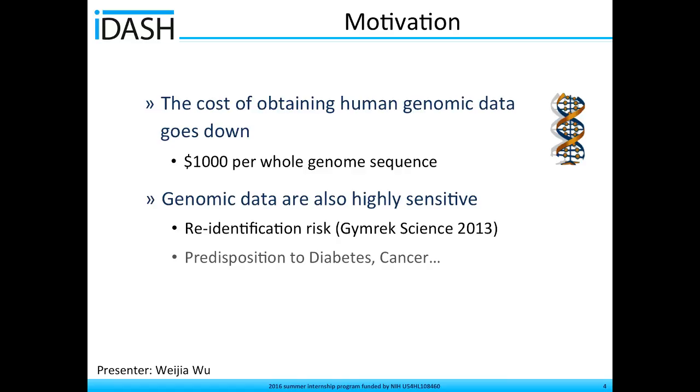What's more, a hacker can also get the predisposition to certain diseases like diabetes and cancer, and the information of genomic data is shared among blood relatives. It means that the disclosure of an individual's genomic data can put his whole family at risk.